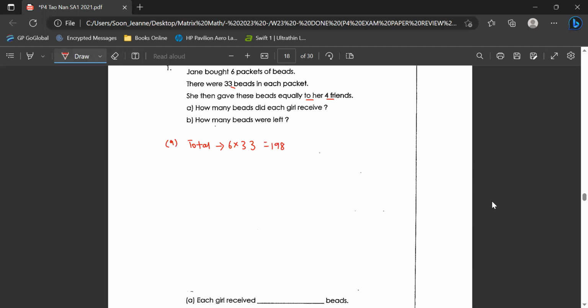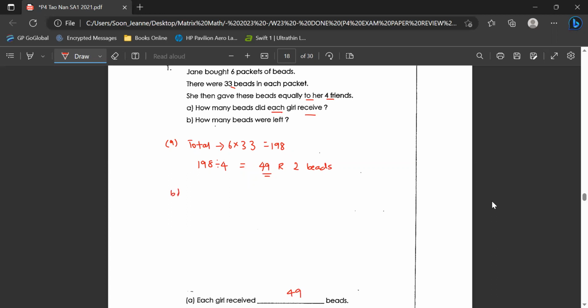But she's going to share this equally with her 4 friends, so I have to divide it by 4. 198 divided by 4, when you work it out, you will get 49 with a remainder of 2 beads. So question A is asking how many beads each girl received, which is 49 beads.